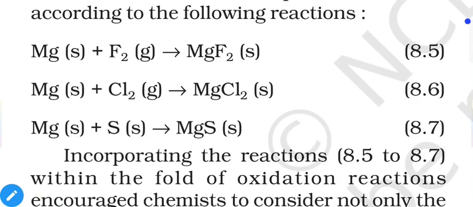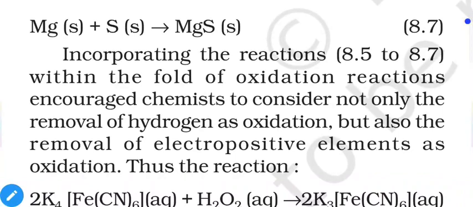So now we have a third definition: first was addition of oxygen, second removal of hydrogen, and third is addition of an electronegative element. If we add a more electronegative element than the reactant itself, it is considered oxidation. Reactions 8.5 to 8.7 represent oxidation using electronegative elements.